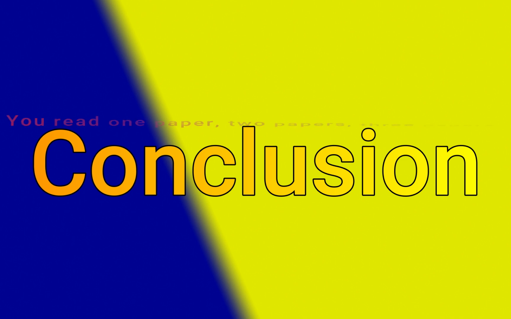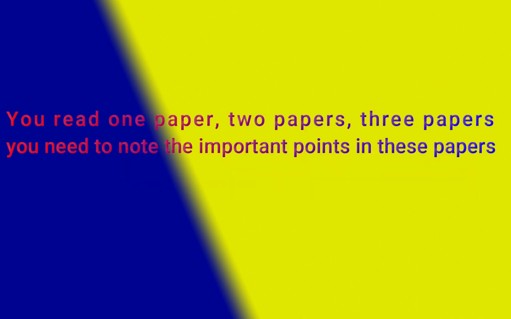So when you read one paper, second paper, third paper, you need to note all the important points of each paper in a separate Excel sheet, database, or log file, in order to use them after you have read those papers, and so you don't forget what was in so and so paper.